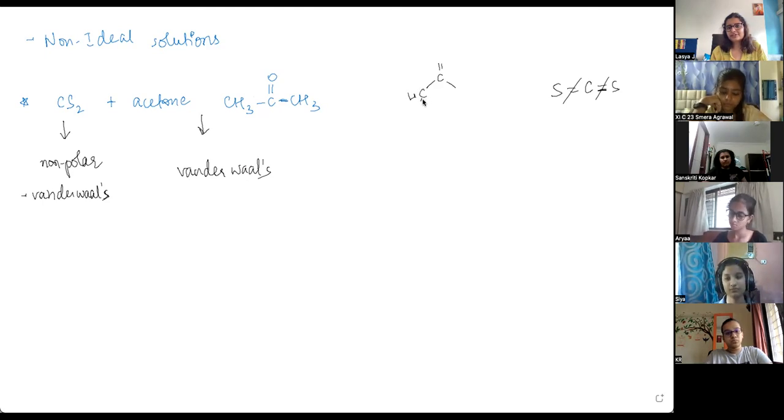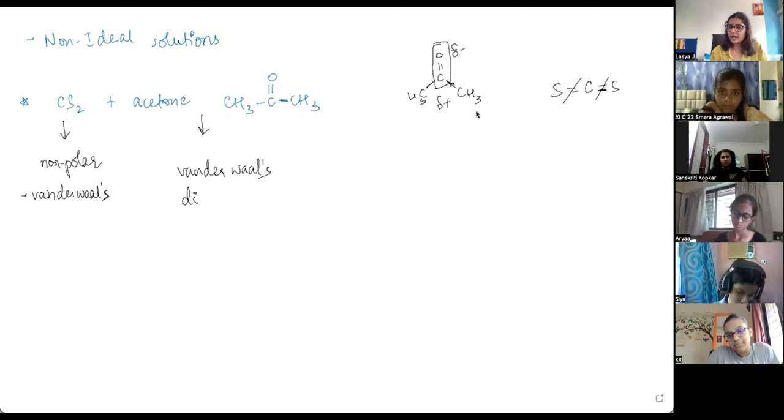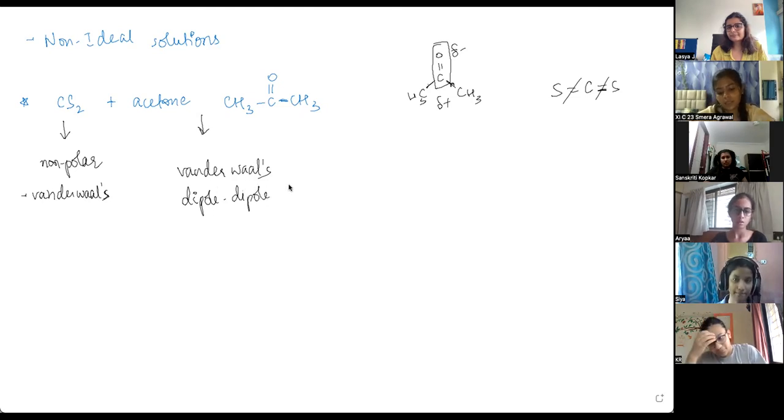Here you have a CH3, and here you have a CH3. Both are electron donating. Even though it's carbon-carbon, you kind of have those electronegative properties. Not dipole-induced dipole, but direct dipole-dipole interactions will be there. So one acetone molecule is polar. Every acetone molecule is going to be polar, no? So whatever interactions are there, they're basically dipole-dipole interactions. This acetone is a polar compound, right?